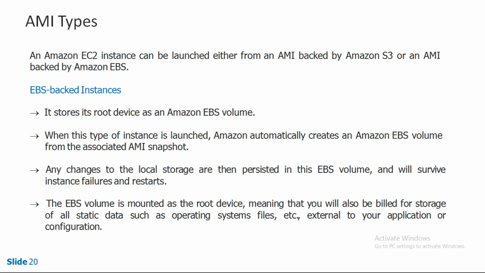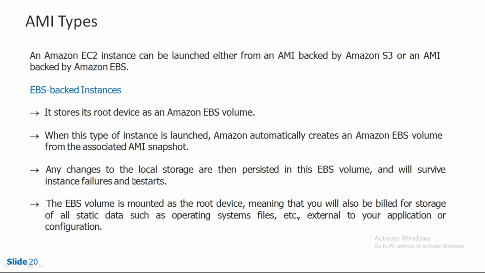If you go with a Microsoft Windows machine, then it will be 32 gigabytes of space. Such an amount of EBS volume is created by default, so that is to be noted.